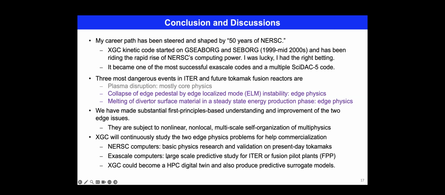On exascale computers, we'll be studying large scale predictive study for ITER or fusion pilot plants. And XGC actually could become an HPC exascale digital twin. And also, as I have shown you as an example, produce predictive surrogate models. Thank you very much.